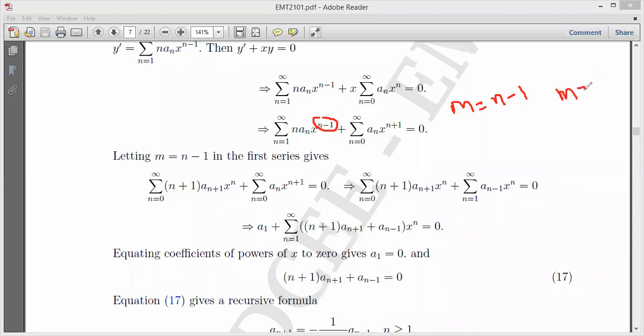M becomes 0 if I start from n equal to 1. But remember, M is N. So since M is 0, it means this n equal to 1 becomes n running from 0, which is this one here. I think you see it. Okay? Pardon on that. We get back here.